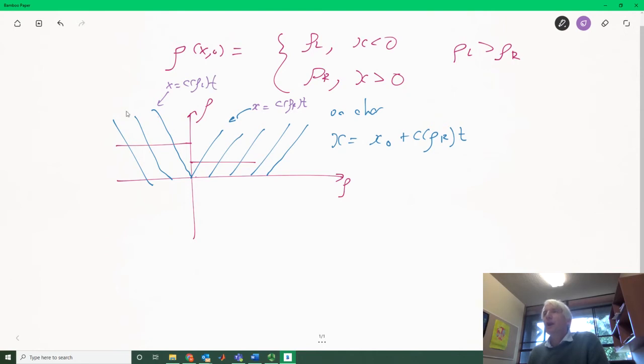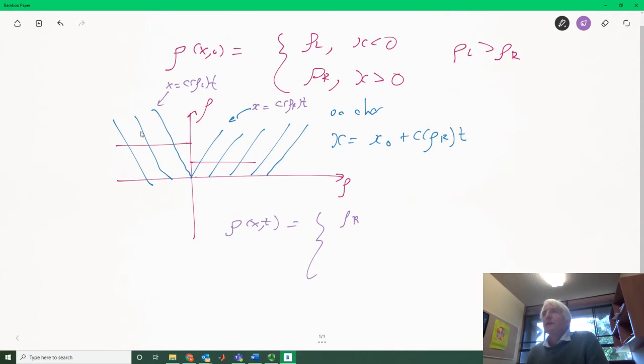So immediately we can see the density going forward in time is going to be in 3 regions. Here it's a constant, it's still c of rho R. It hasn't changed.